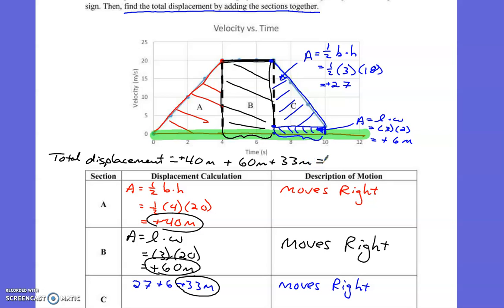If I add those all together, I get a positive 133 meters. What this means is that whatever object was moving has moved 133 meters to the right of where they started.